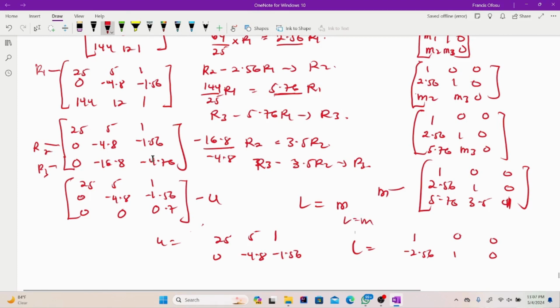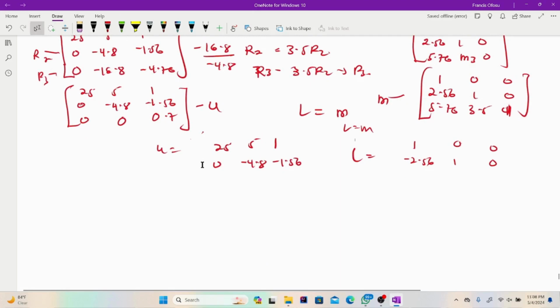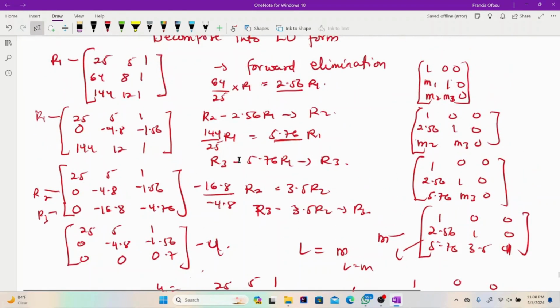So meaning that our final decomposition is simply this becomes our L and this becomes our U. Whenever you take the multiplier here, you can choose to take this as your multiplier.